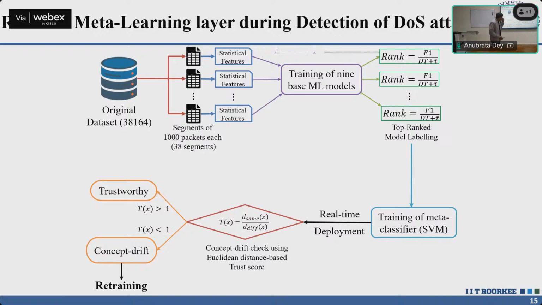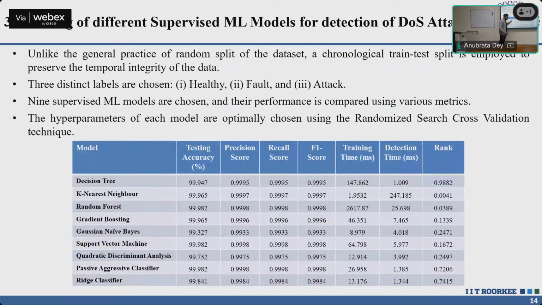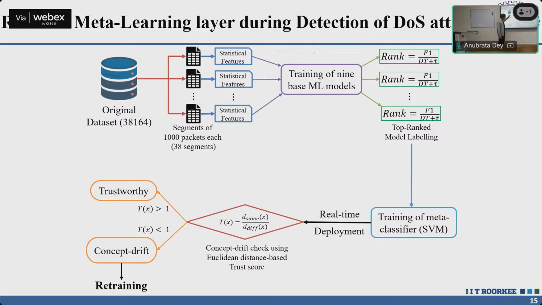Now, we also discussed that just to improve the detection accuracy, instead of going for the earlier part, in this table, what we did is that we divided the entire data set, let's say it is 38,000 something, into segments. Each segment contains 1,000 packets. You can consider 700, 800, 500 also, right? This is just a case study.